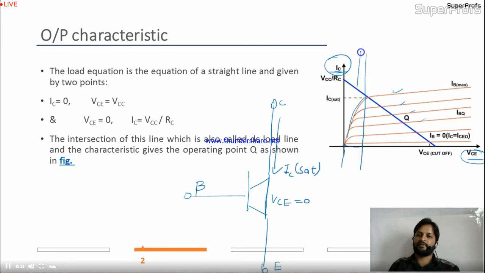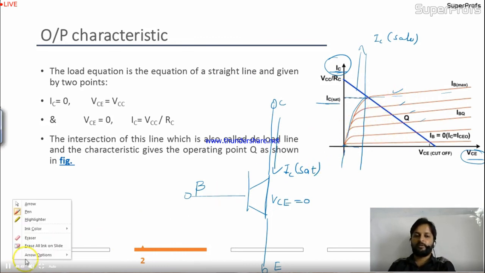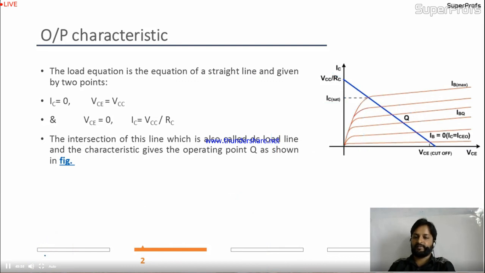This region is the saturation region, and the maximum current in this region is nothing but the IC saturation. Is it okay? Now let's come to the second thing: we are drawing the load line on the output characteristics, and the load line itself is drawn over VCE and IC. VCE and IC, this is the output of the BJT.